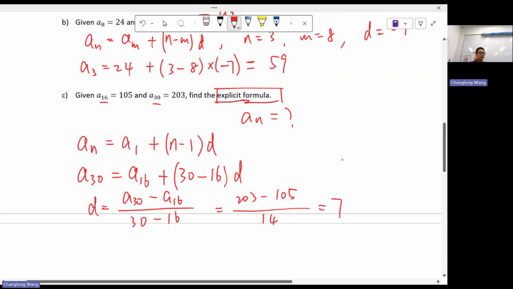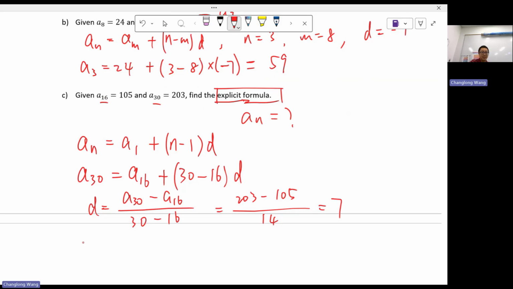Once you have the common difference, again, you could find a sub 1 by going backwards, since you already know what a sub 16 is. Plug it into the first formula and find out what a sub 1 is. But why would you have to do that if you could have started from a sub 16 or a sub 30?